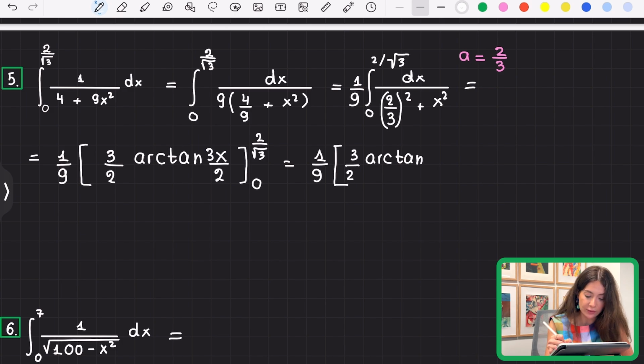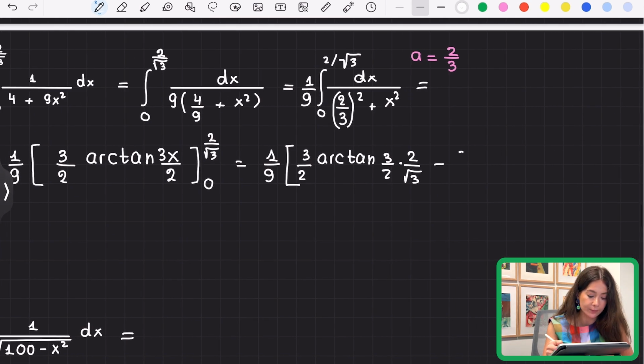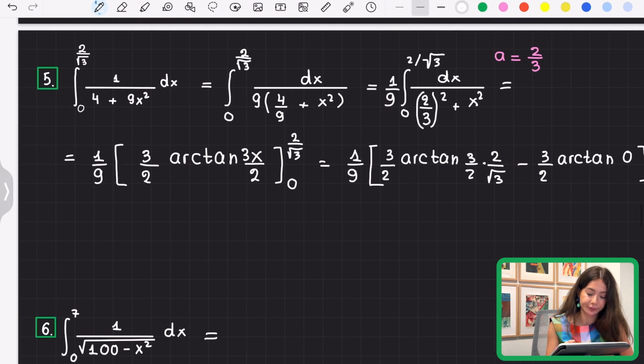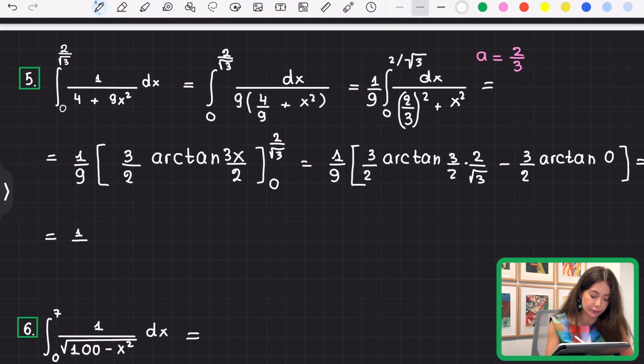Arctan of the upper bound, which is 3 over 2 times 2 over square root of 3, minus the lower bound, and that's just 0, right? 3 over 2 times 0. So this term is 0.